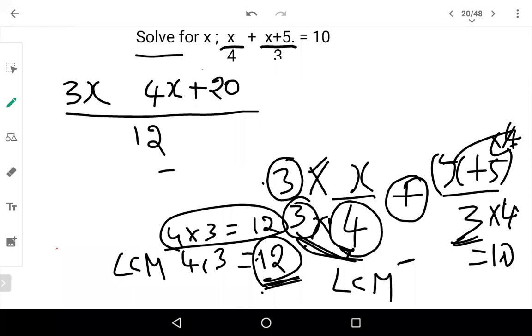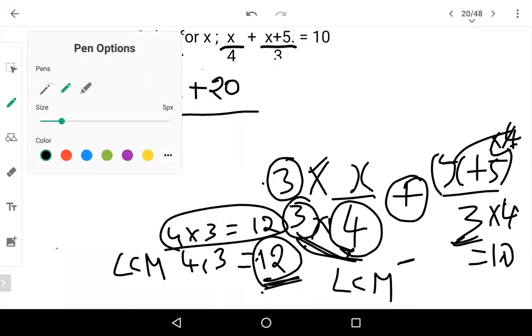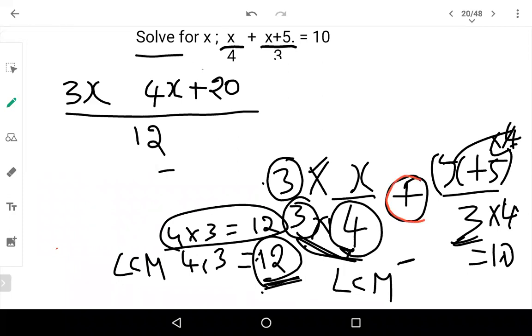Another important thing you have to understand here is you have a plus sign in between. This plus sign will be carried forward to the next step also. Don't ignore that plus sign. That has to be carried forward.